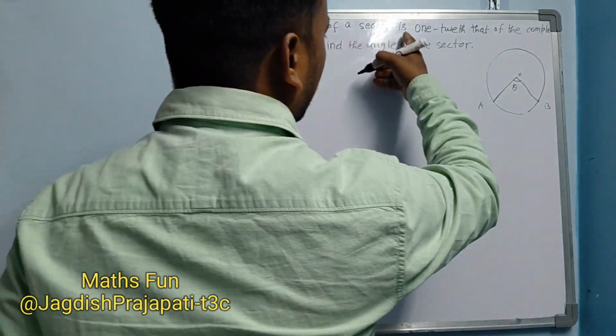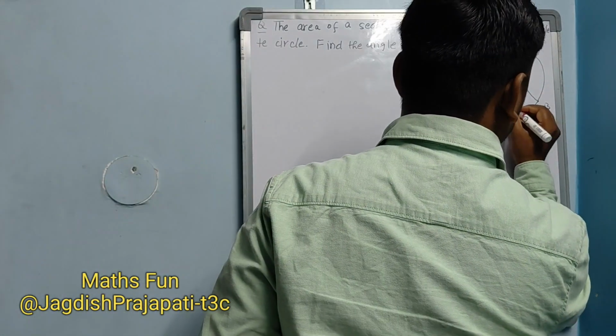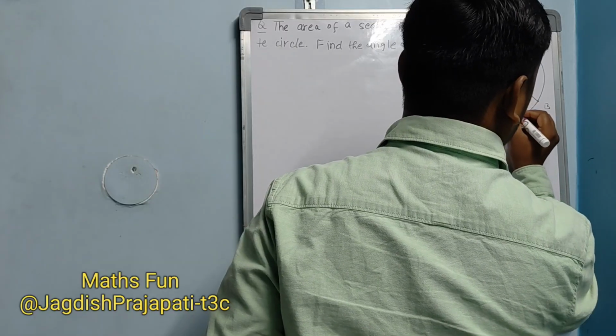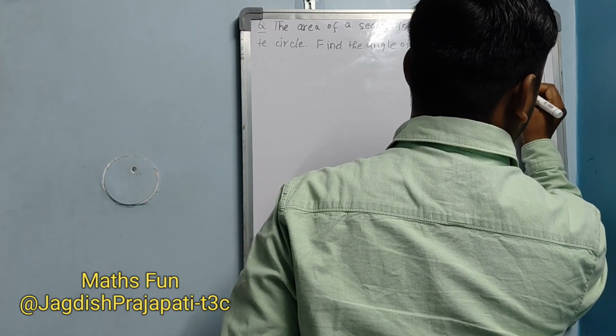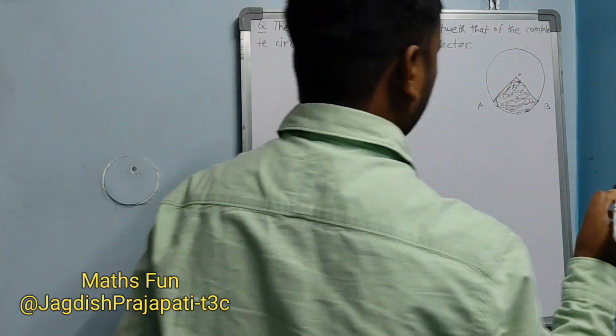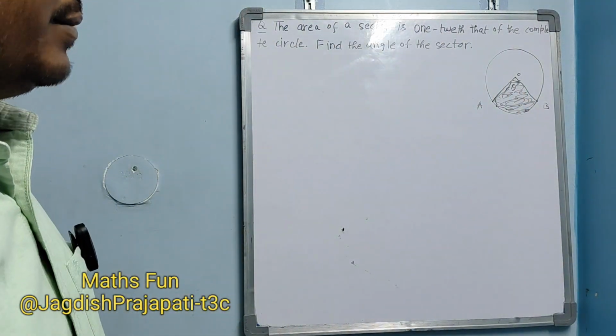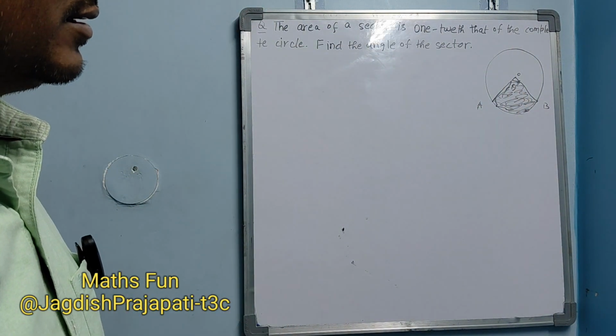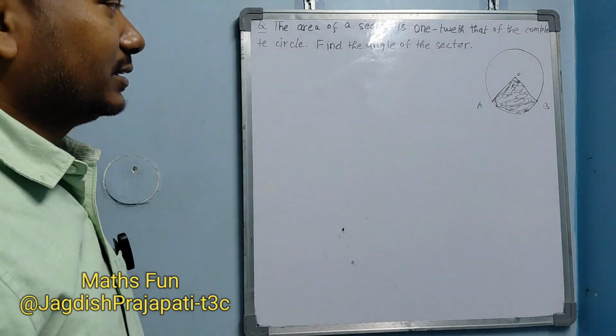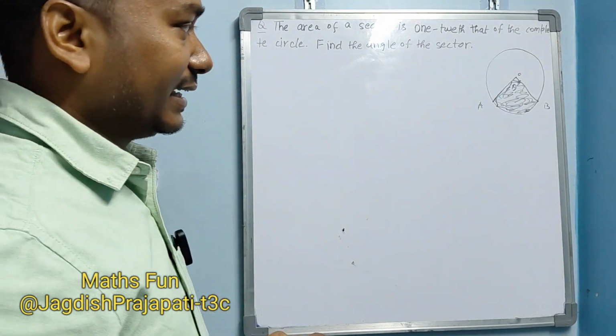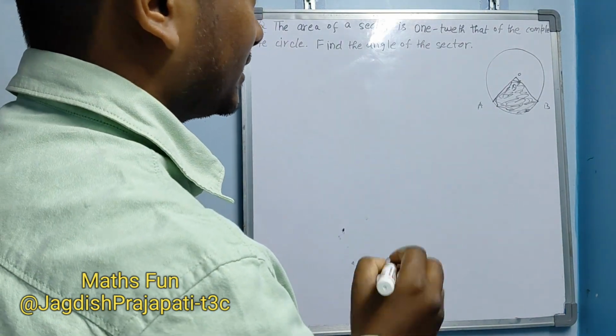So the area of this sector, so you please write down, let AB is the sector that forms an angle theta at the center of the circle.